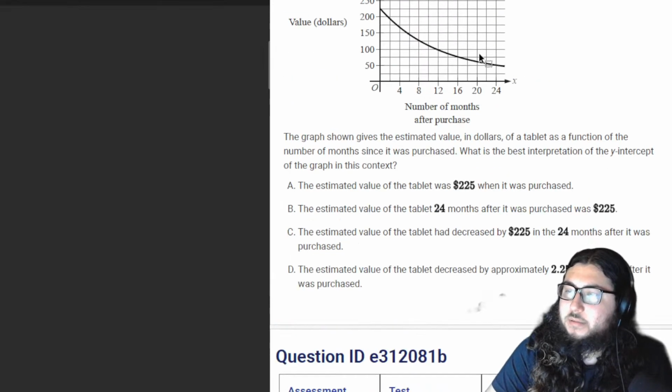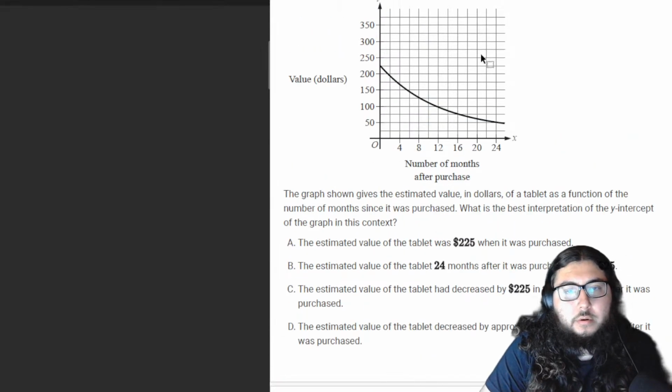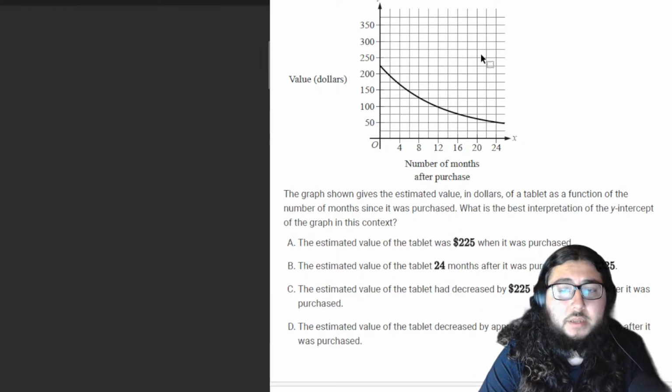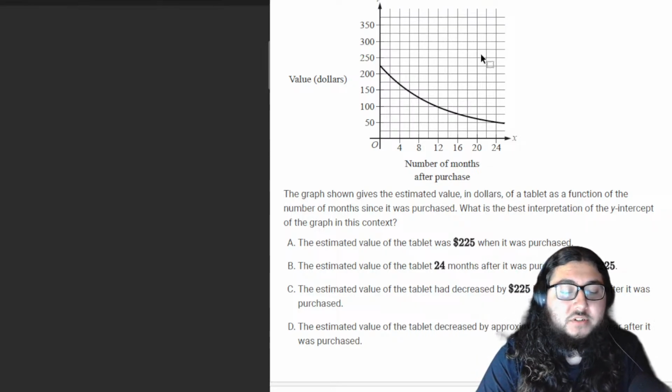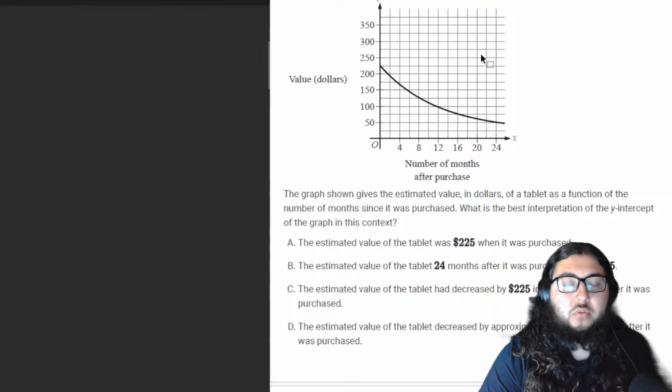So our next problem is this one. The graph shown gives the estimated value, in dollars, of a tablet as a function of the number of months since it was purchased. What is the best interpretation of the y-intercept of the graph in this context? So I always like to tell my students that the y-intercept, when you're interpreting it in a real-world context, is an initial value or a one-time fee or deposit, something that occurs only once.